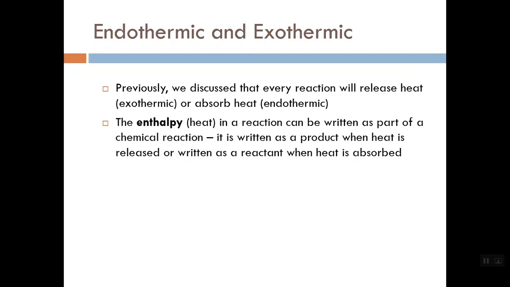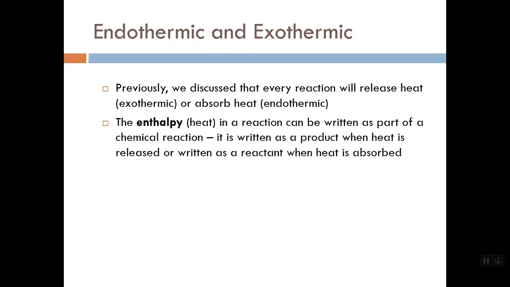Enthalpy is also known as delta H. You guys can look back at your endo and exothermic notes that we did in the beginning of this unit. And it can be written as part of the chemical reaction, or it can be written separately, like delta H is positive 543 kilojoules, or delta H is equal to negative 300 kilojoules.